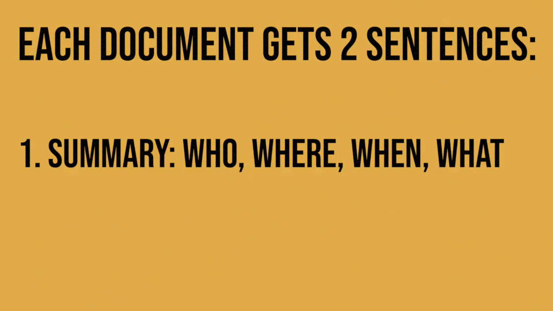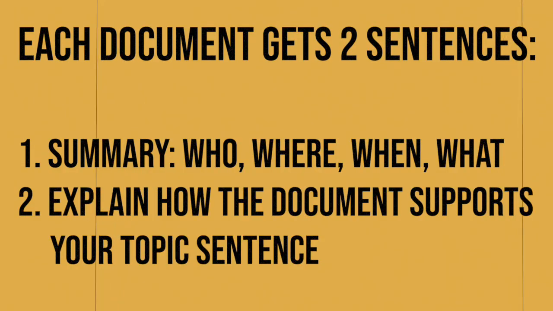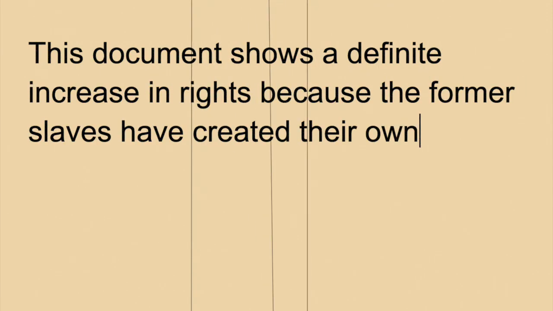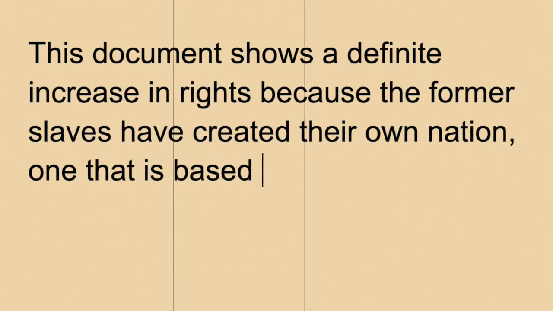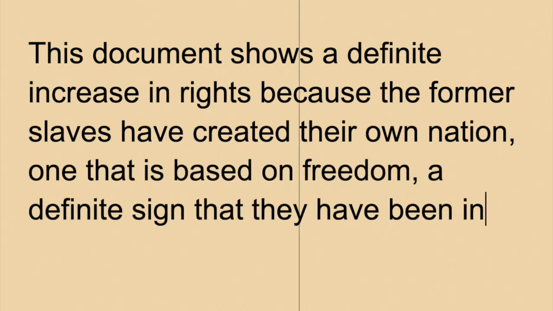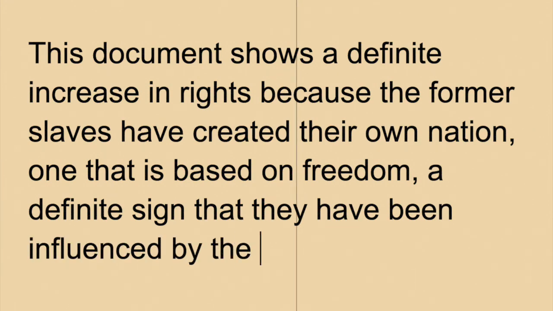The second sentence simply explains how it supports your topic sentence, which is all about enslaved people seeing an increase in status. Let's see. This document shows a definite increase in rights because the former slaves have created their own nation, one that is based on freedom, a definite sign that they have been influenced by the Enlightenment.